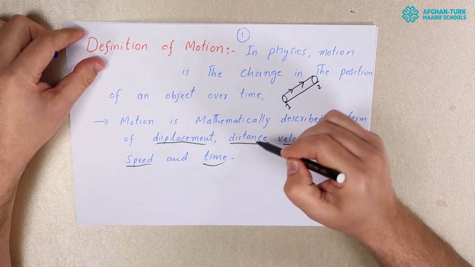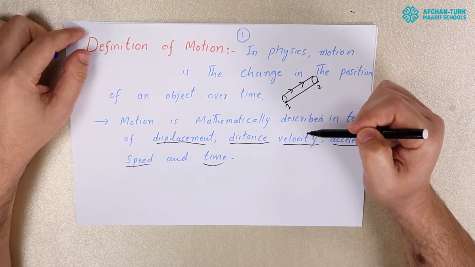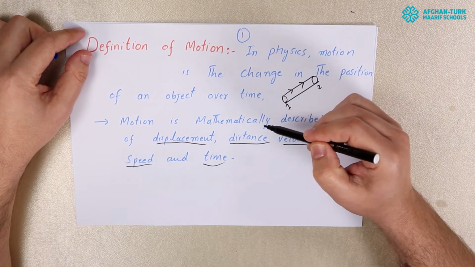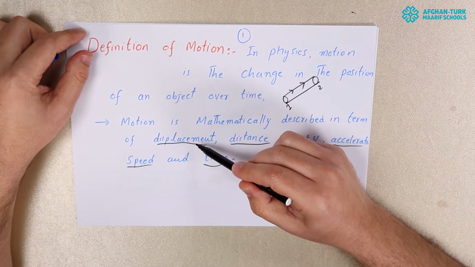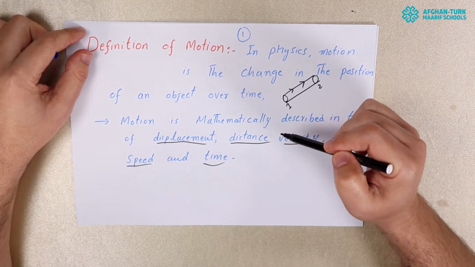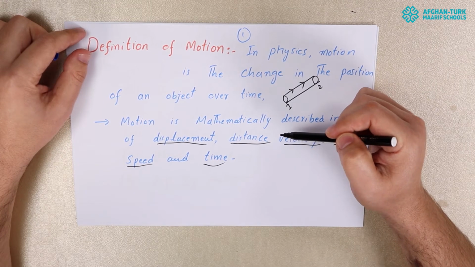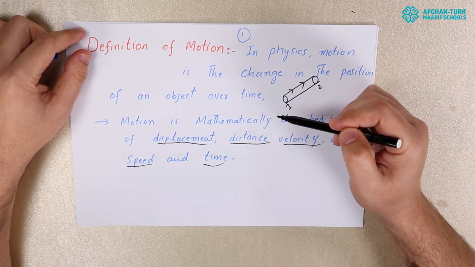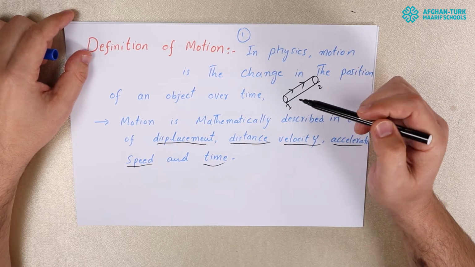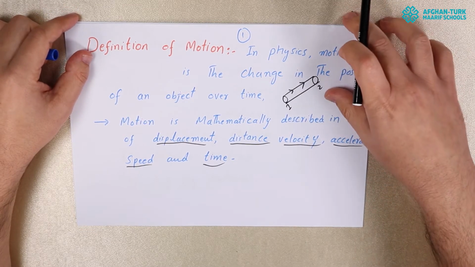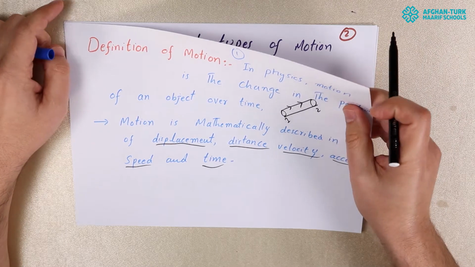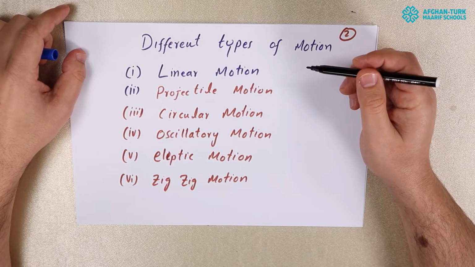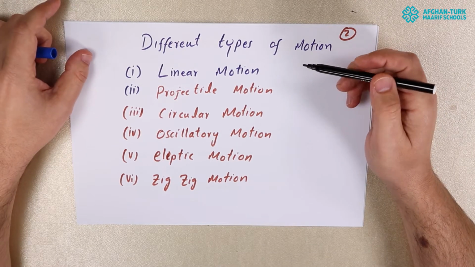So these are the important terminology which can define or describe the motion mathematically. Here the formula is used, unit is used, which can make motion in physics very clear and easy. So in the next pages we can discuss the different types of motion we have in our life.